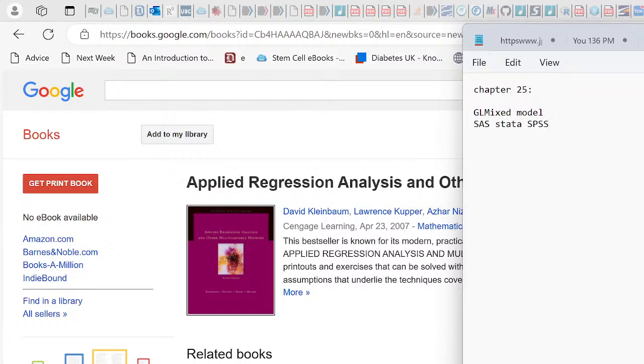The models that you will be seeing are GLM, and that is called general linear models. General doesn't mean simple. There's a whole slew of practical models. There is another GLM called generalized linear models.